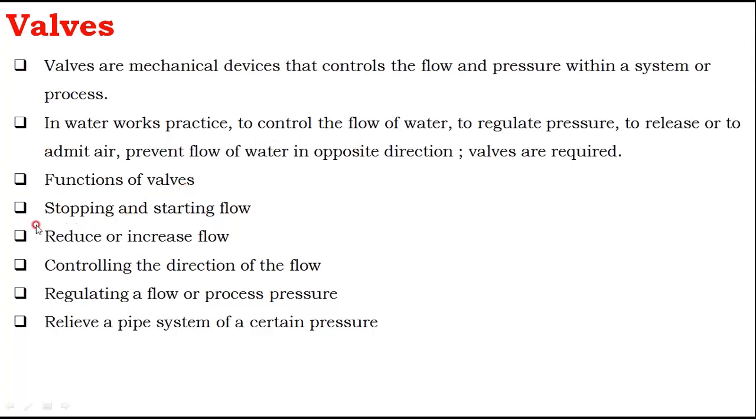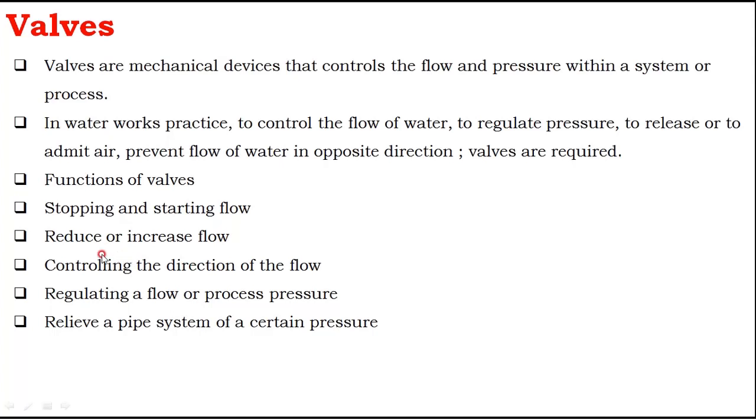What are the functions of valves? Stopping and starting flow. Water is pumping; whenever you don't want water, you need to stop that flow, and when you want water, you can start it. A tap is also one valve. The second one is to reduce or increase the flow. If you want more water, more discharge, operate the valve.